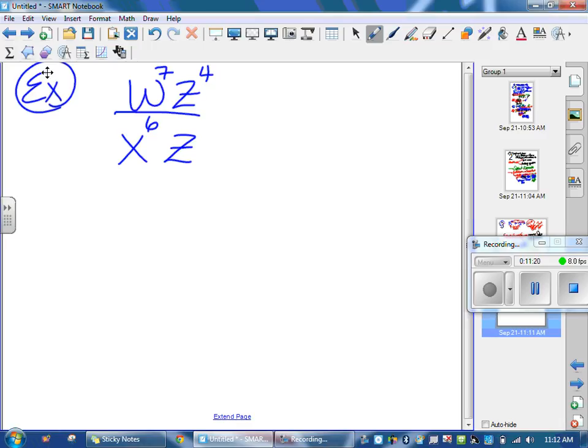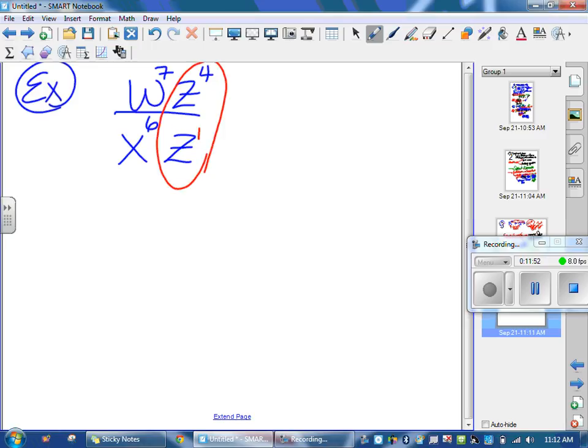You look at the top, is there anything that is the same? No. Look at the bottom, is there anything the same? No. Now draw in your hiding baby ones. This guy is a hiding one. Don't forget he's there. Now you're looking for something that's identical top and bottom. The Z's. So I can only deal with the Z's.